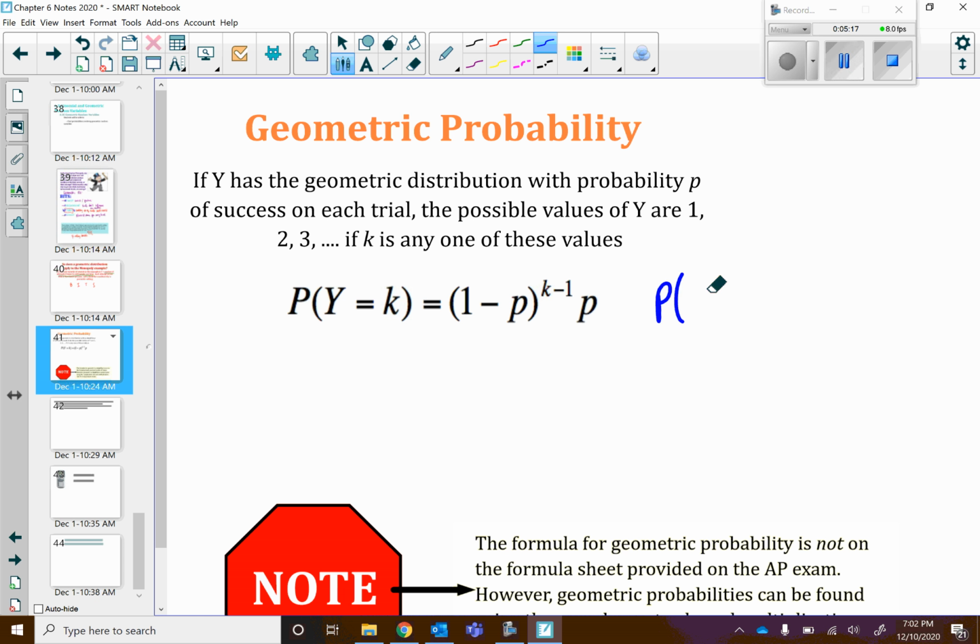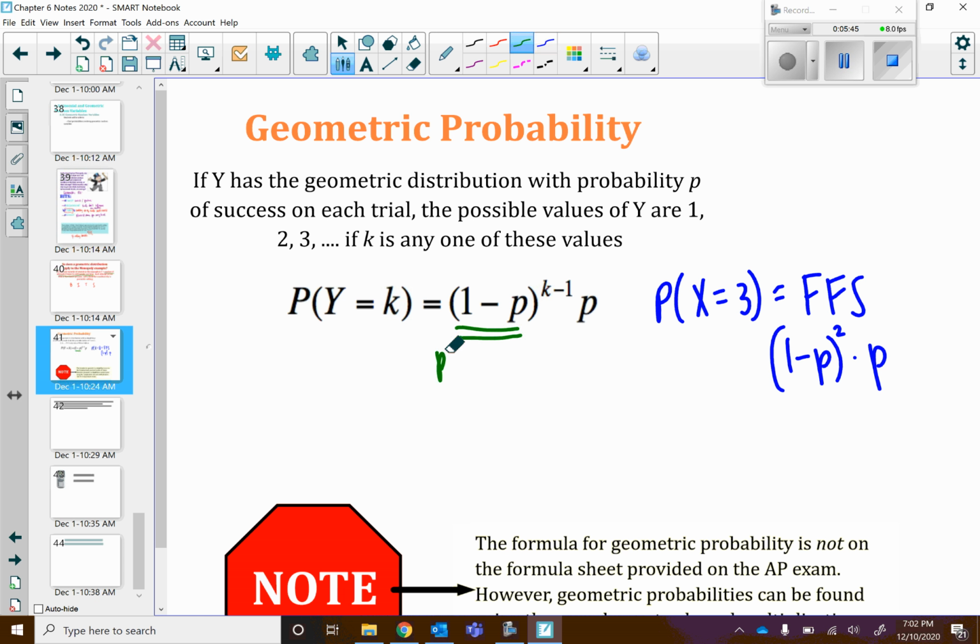If I want to find the probability that I succeed on my third roll, that means I'm going to fail, and then I'm going to fail, and then I'm going to succeed. So I would take the probability of a failure, which is 1 minus the probability of a success, and there are 2 copies there, to the k minus 1, so squared, times the probability of a success. That's what this is saying.